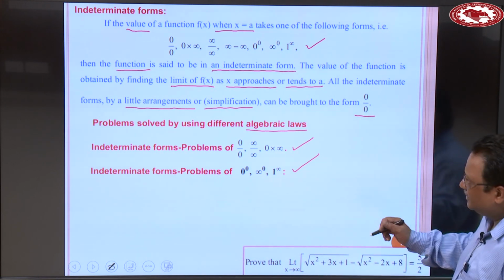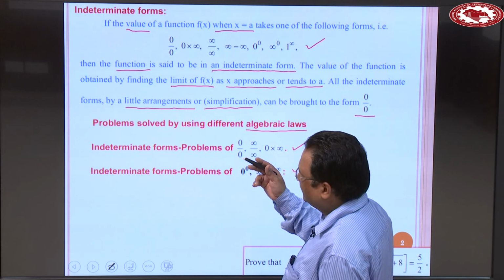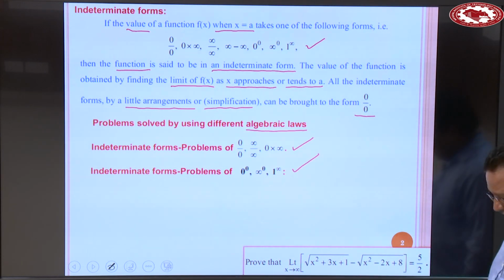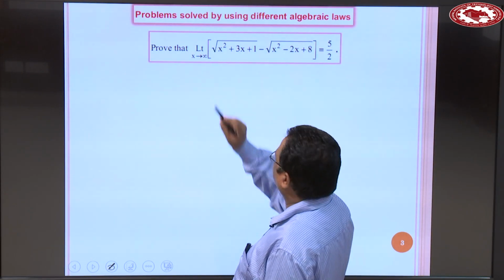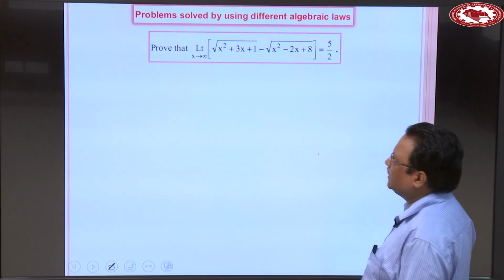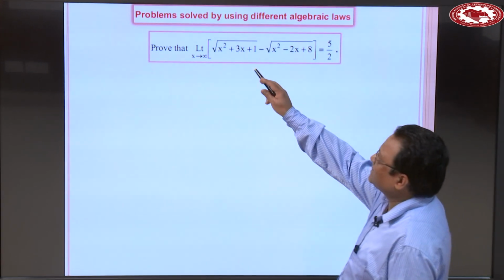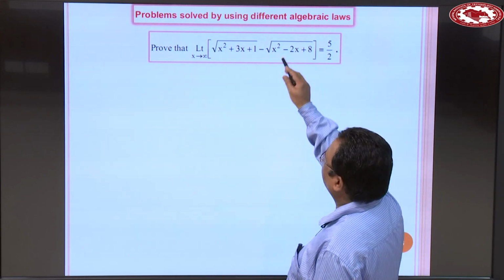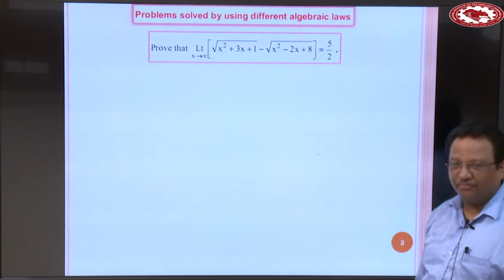So, let us solve 1-2 problems which can be solved using different algebraic laws. So, question is, prove that limit x tend to infinity, square root of (x square plus 3x plus 1) minus square root of (x square minus 2x plus 8) is equal to 5 divided by 2.